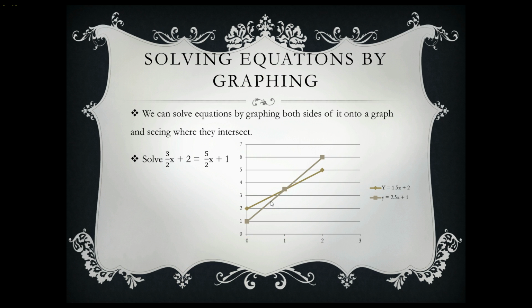So by seeing where they intersect, we can understand what the solution is. Basically, it means that since both of them intersect at x equals 1, the answer is x equals 1. This looks pretty easy, but it usually takes the longest because you have to put it onto a graph. So once you get really good at solving equations by hand, you really shouldn't have to graph them anymore.